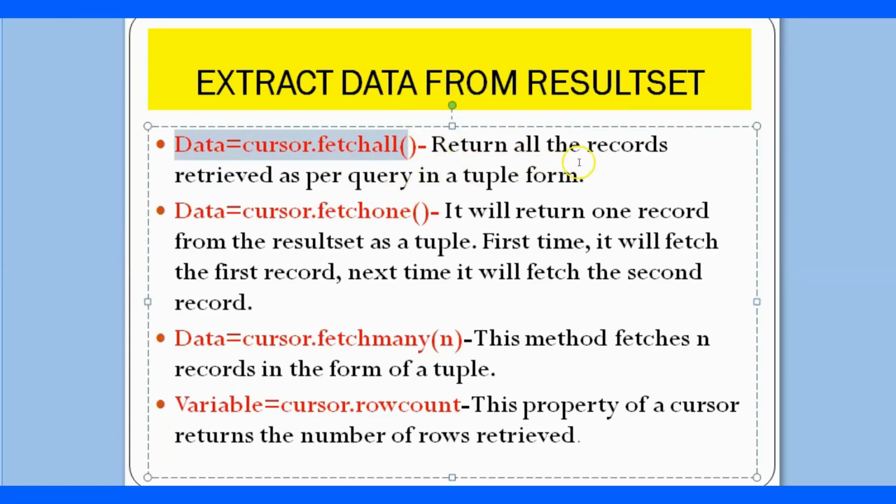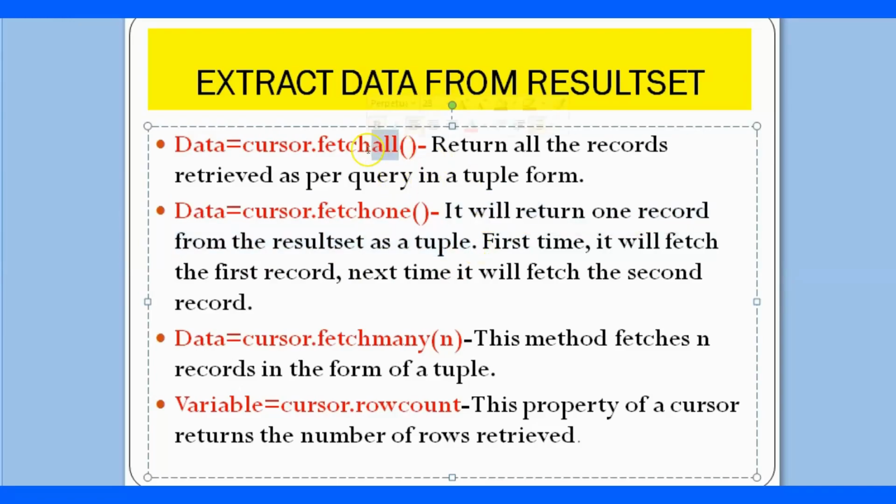It returns all the records retrieved as per the query in the form of a tuple. In the Python output screen, you will see all the SQL table records in tuple form.